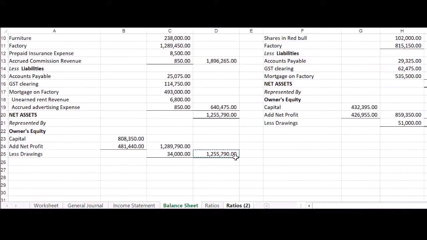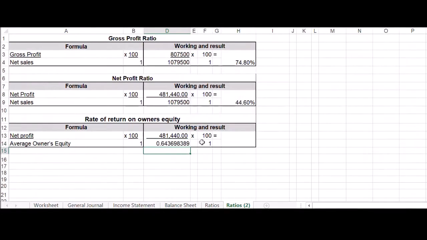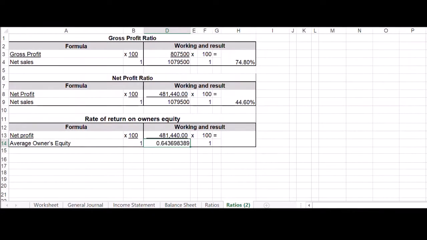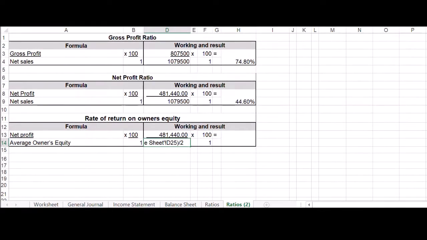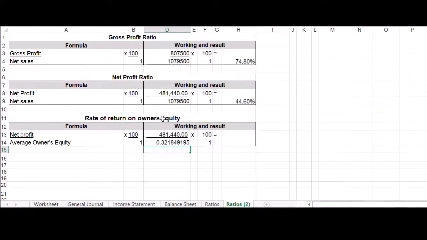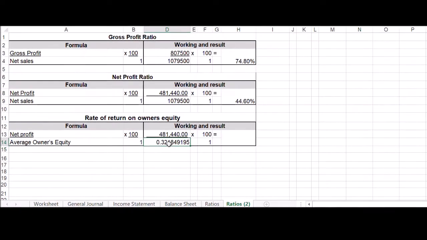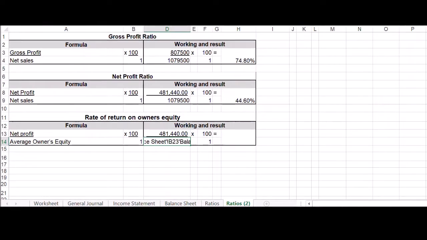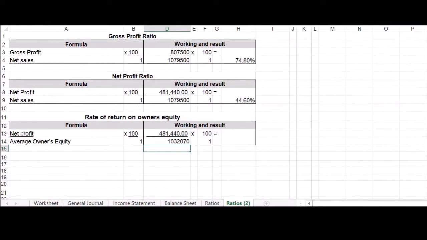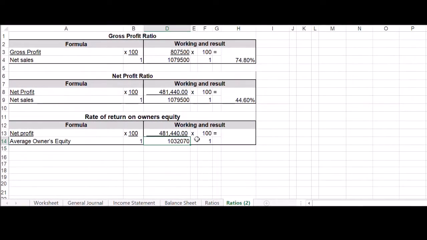Once I've added them together, I'm going to divide by 2 because it's an average. When you're finding an average, you need to add them together. Don't know why I was dividing them. It's better. So it comes up with a figure like this.